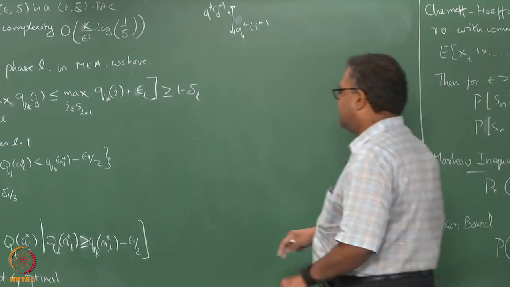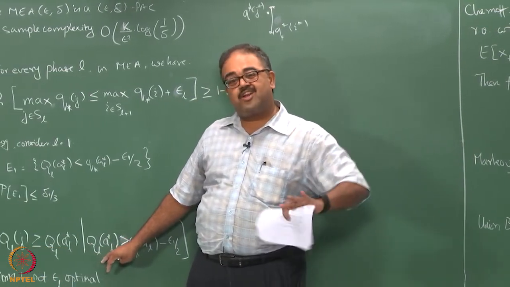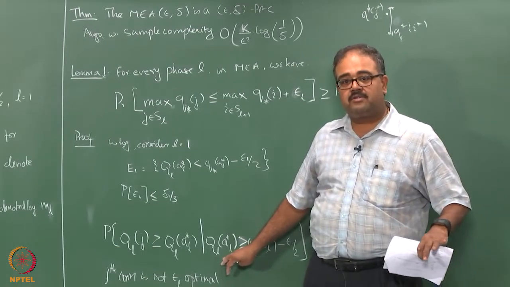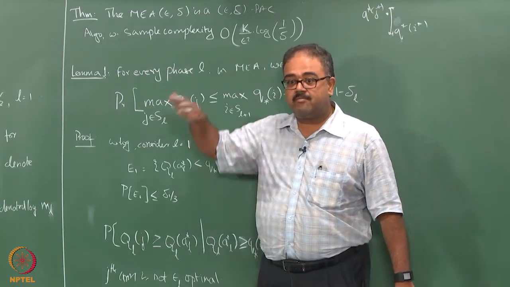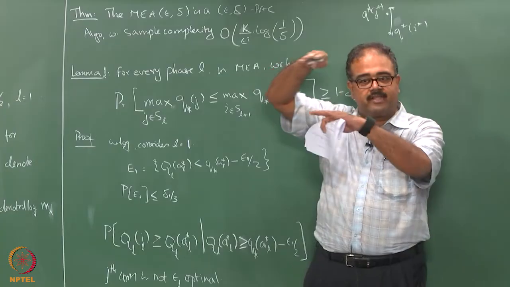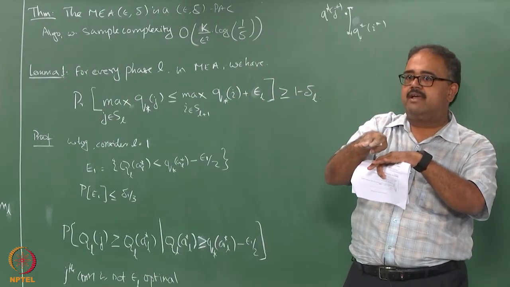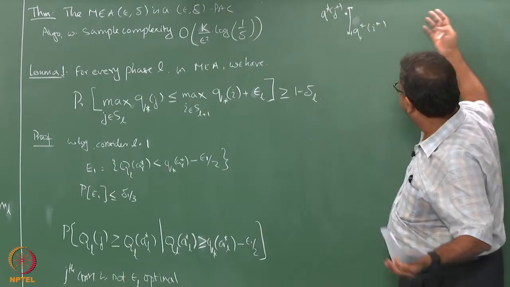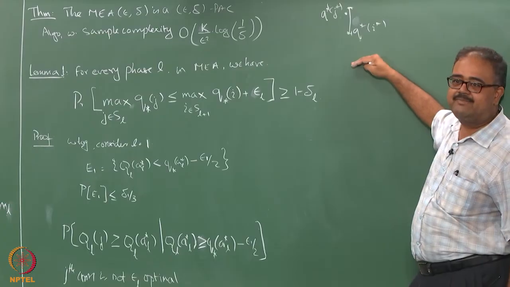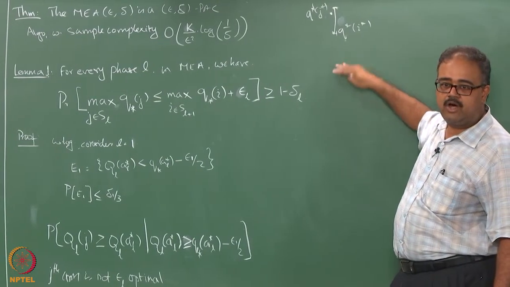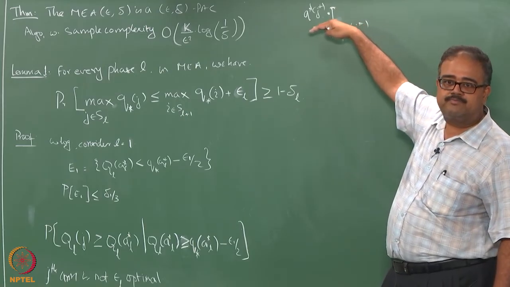Well, this conditioning tells us that QL A star is not too bad, right. So what does that mean? QLJ has to be more than epsilon by 2. You remember that figure we drew, right. So either the A star has to be underestimated by more than epsilon by 2, or the A prime has to be overestimated by more than epsilon by 2, right.